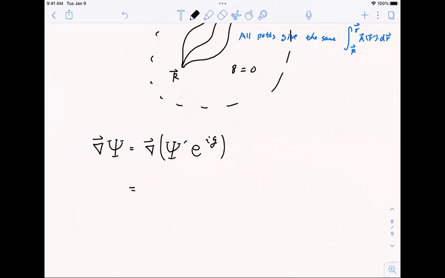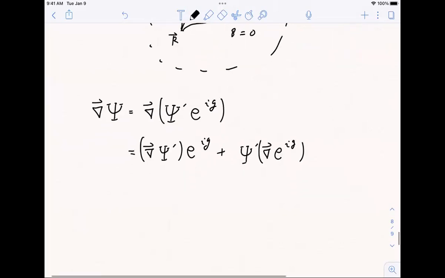You're going to have a gradient of this one, and then plus a gradient of this one. What is this? This will be just the gradient of G, i, and then e to the iG.